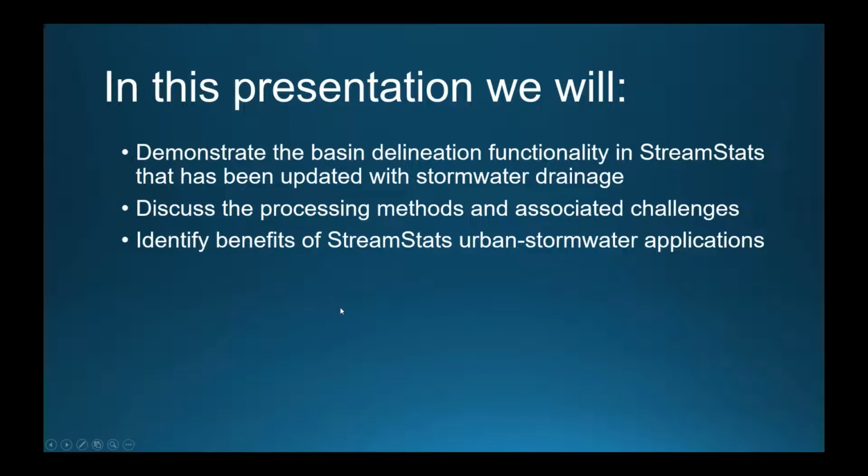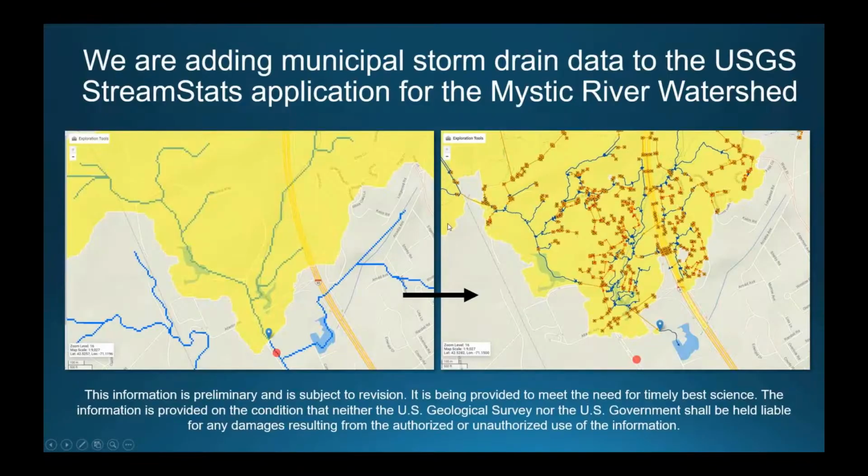And then we'll discuss the processing methods that go into this that are pretty unique compared to the traditional way we've processed data in StreamStats over these many years. And finally, I'll mention some benefits for urban stormwater applications.